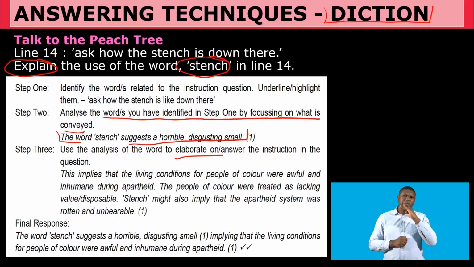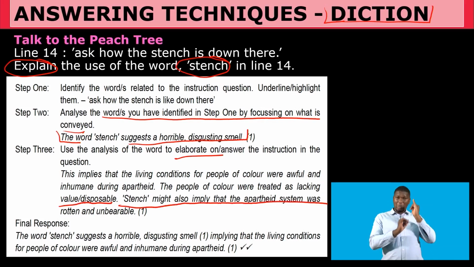This implies that the living conditions for people of color were awful and inhumane during apartheid. The people of color were treated as lacking value and they were seen as disposable. Stench might also imply that the apartheid system was rotten and unbearable.